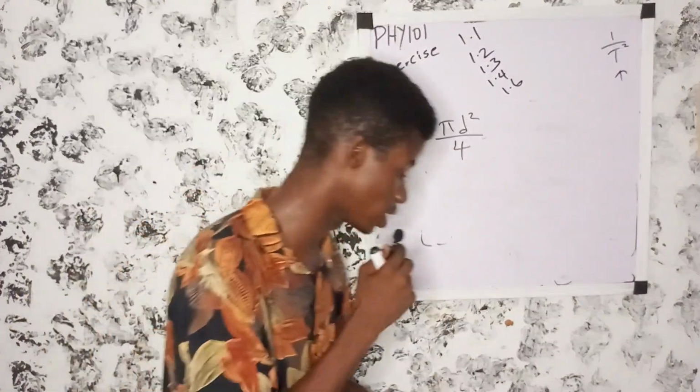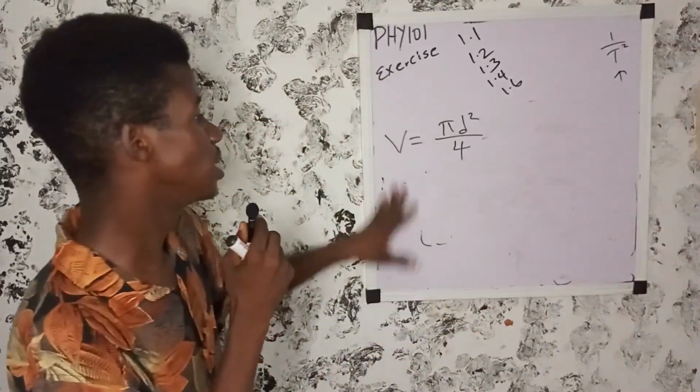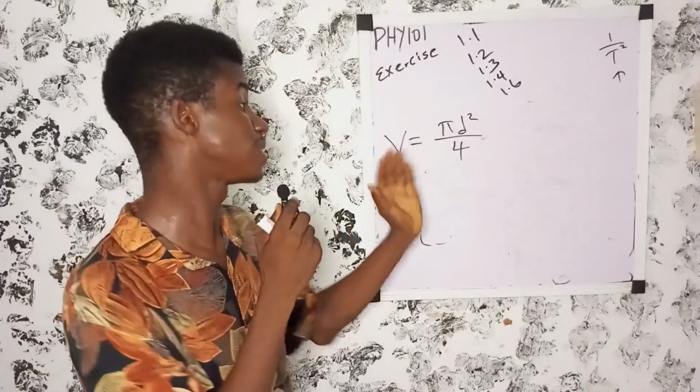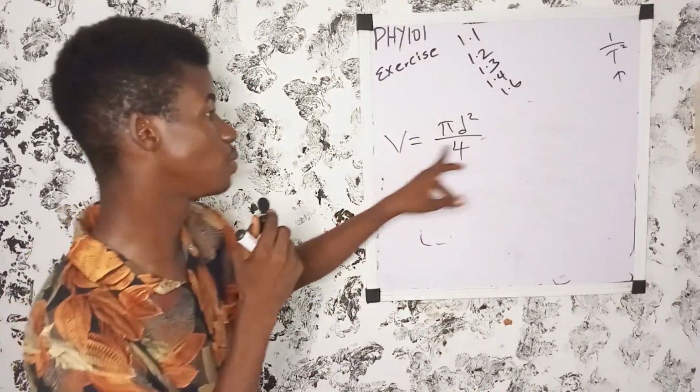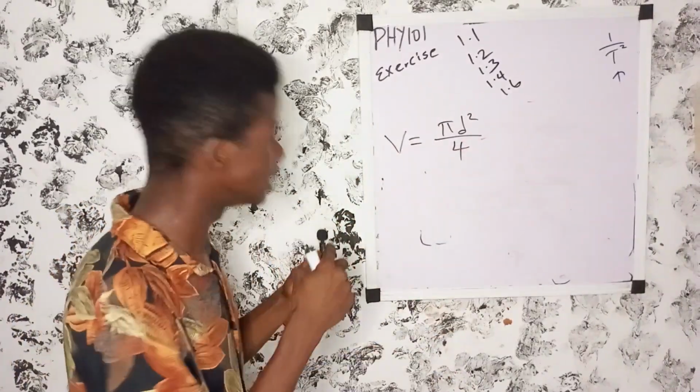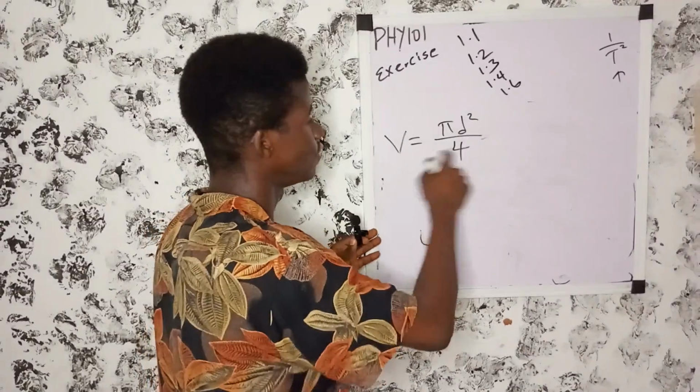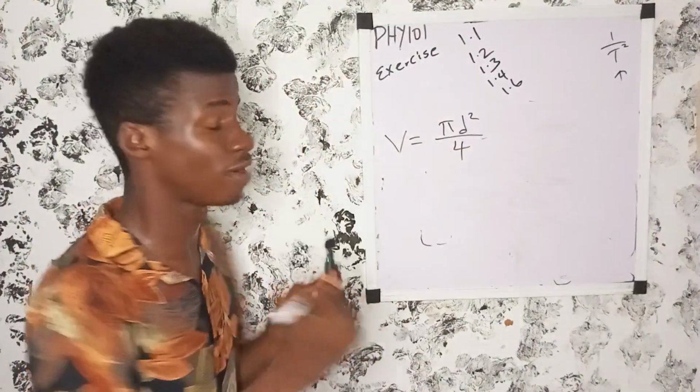Is the equation dimensionally correct? How do you know whether this equation is dimensionally correct? This is volume, while this D is diameter.